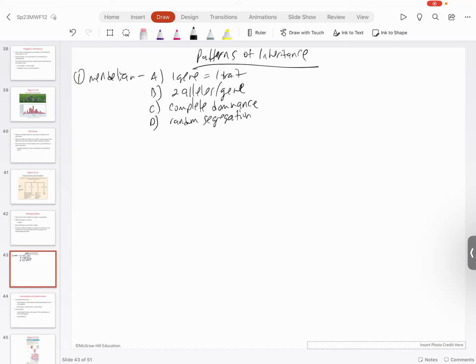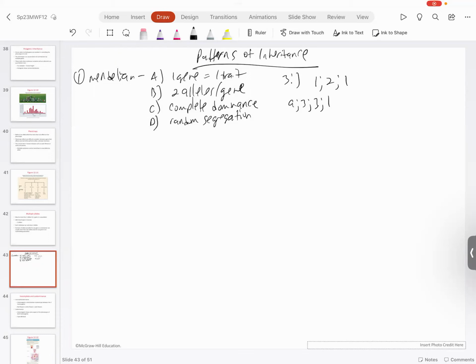So if your system or your gene follows these criteria, then it is Mendelian. What should you expect to see? Easy. A 3-to-1 phenotypic ratio, a 1-2-1 genotypic ratio, and if you're dihybrid, a 9-3-3-1 phenotypic ratio. Those are your diagnostic ratios.